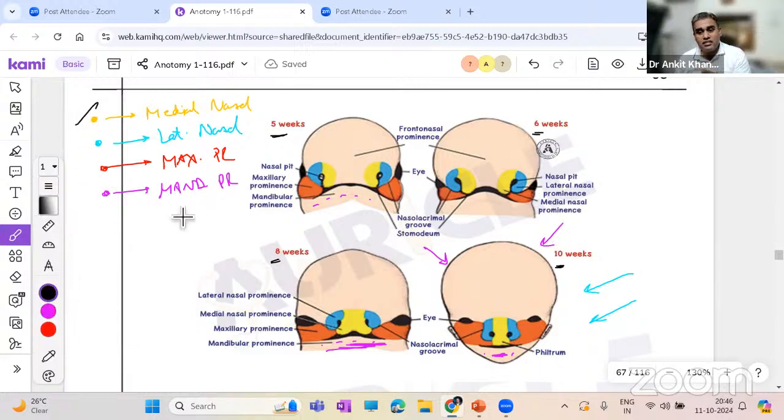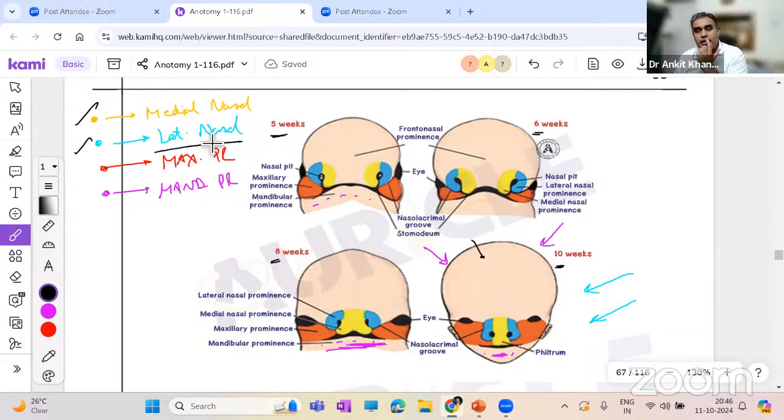Now look at the lateral nasal process, the blue color in this last image. Only the ala part, the sides of the nose, comes from the lateral nasal process. Now come to the red color maxillary process, obviously the cheek area. But it also goes down and forms the lateral part of the upper lip.